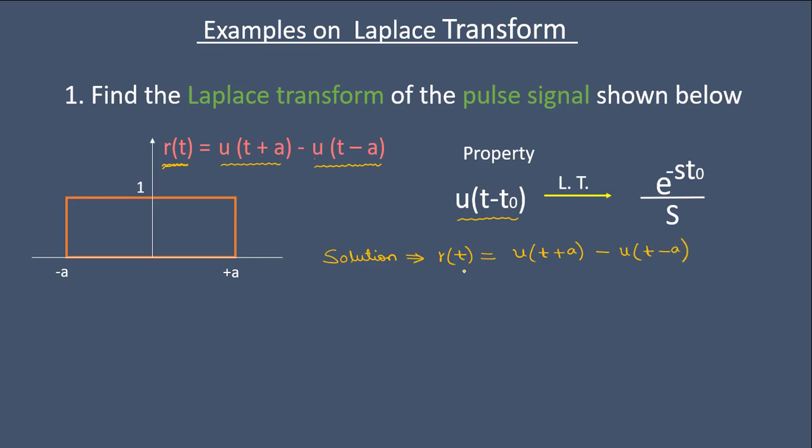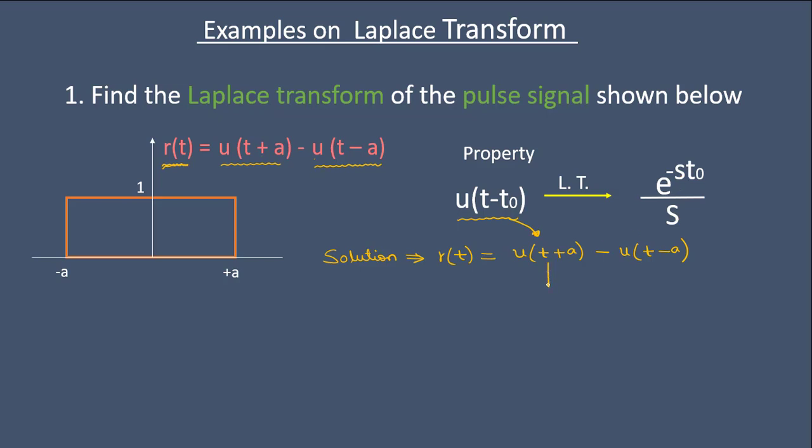We have to find the Laplace transform of the signal r of t. Now you can compare u of t minus t naught and u of t plus a. The Laplace transform of u of t plus a will be e raised to minus s, and instead of t naught, here it is a. So it will be e raised to minus sa upon s.